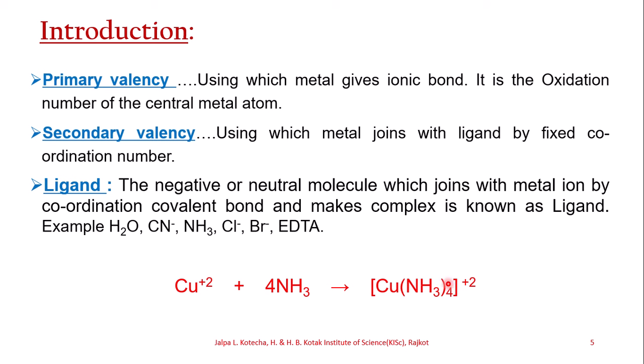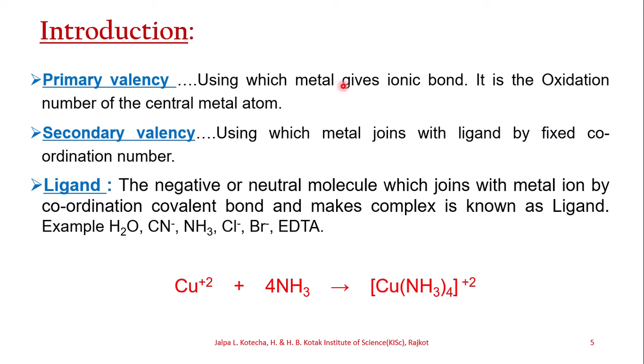Okay, so we know these two terms. Inside the square bracket, whatever is there, we call this the coordination sphere, and outside the square bracket, whatever is present is known as the ionizable sphere or ionization sphere. This ionization sphere, that is ionizable, gives the primary valency, or it gives the oxidation number of the central metal atom.